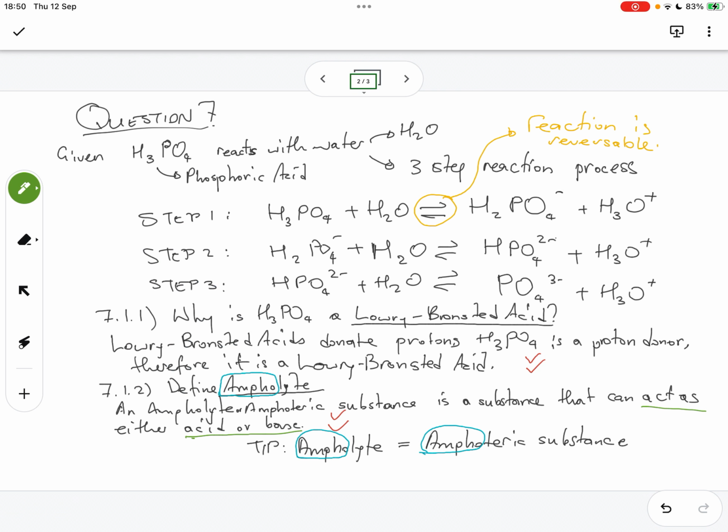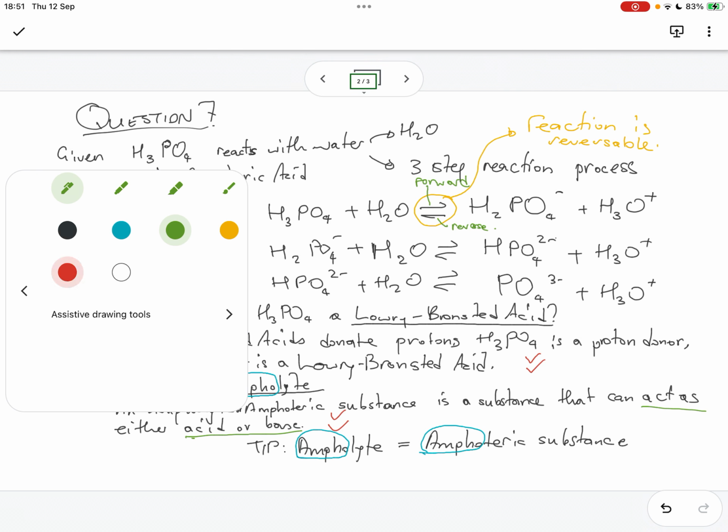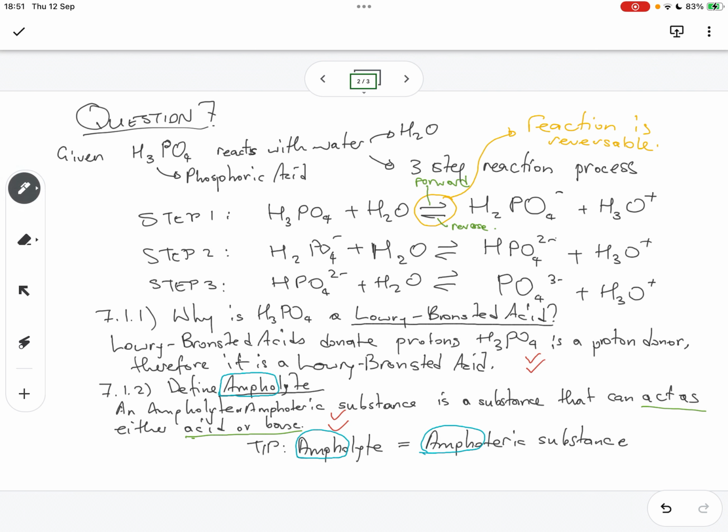So the above arrow means forward, and the below arrow means reverse. So these two reactants give us these two products in the same way that these two products will be able to give us the initial reactants.